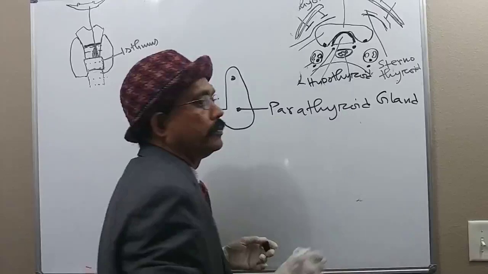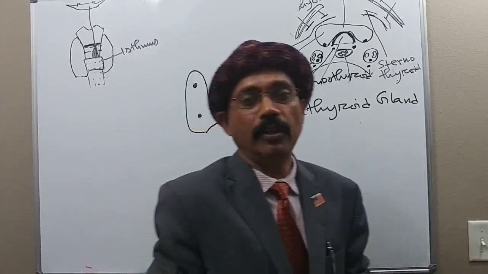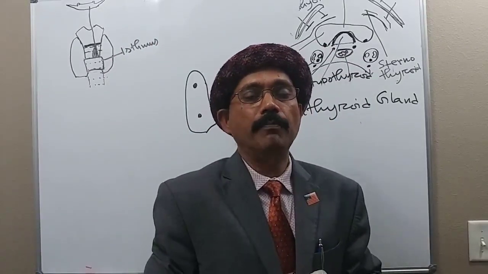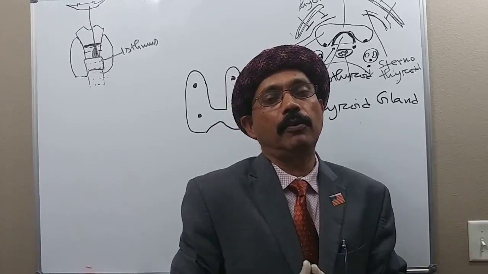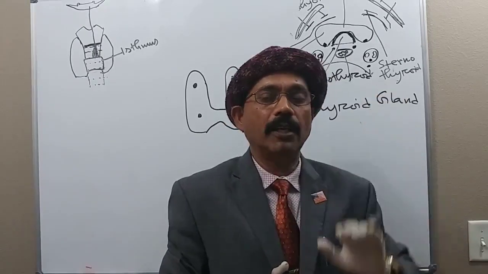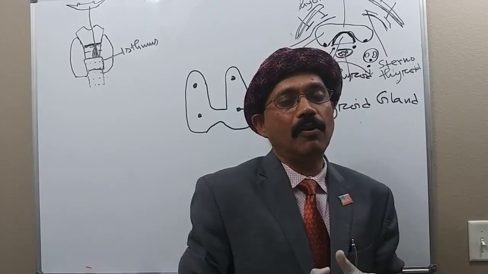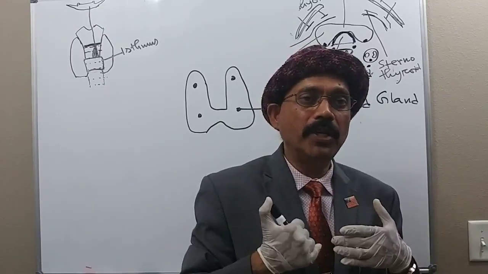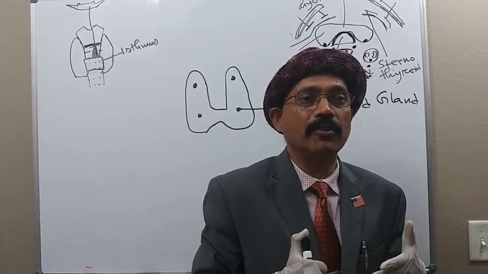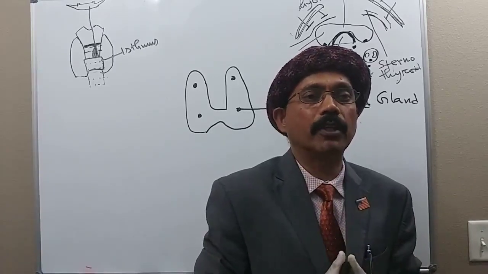But their location is very inconstant. They may be in the substance of the thyroid gland, just under the capsule, or not in the thyroid at all, maybe in the superior mediastinum, or in the anterior mediastinum, behind the manubrium sterni.